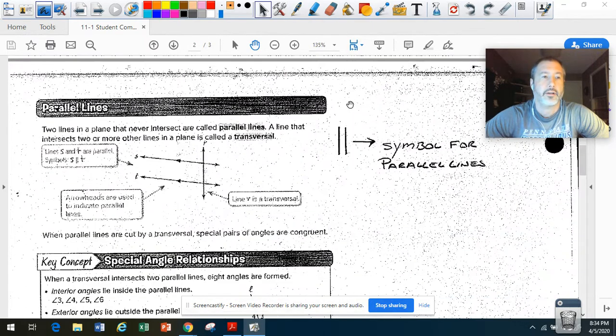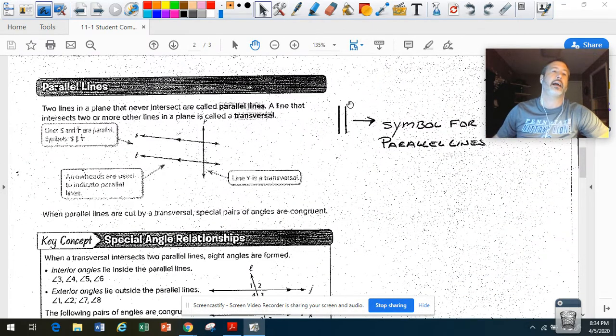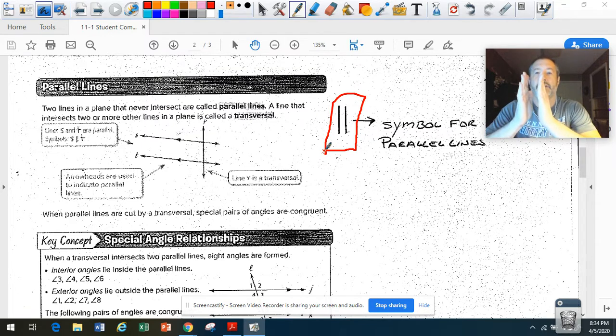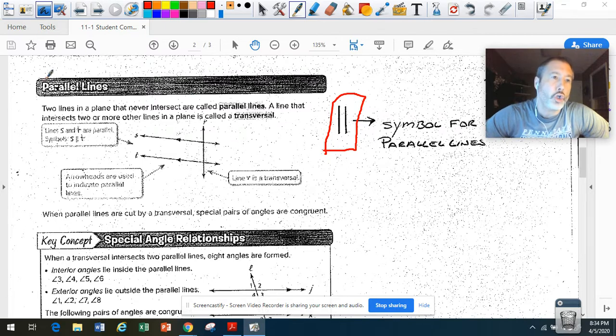Let's scroll down here to parallel lines. Now, as you see here, here is the symbol for parallel lines right here. Two lines beside each other showing that they are parallel. Now it says two lines in a plane that never intersect are called parallel lines. A line that intersects two or more lines in a plane is called a transversal.